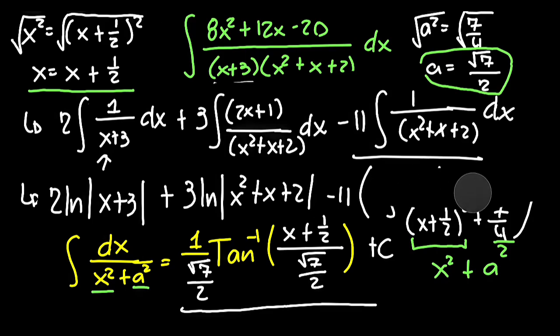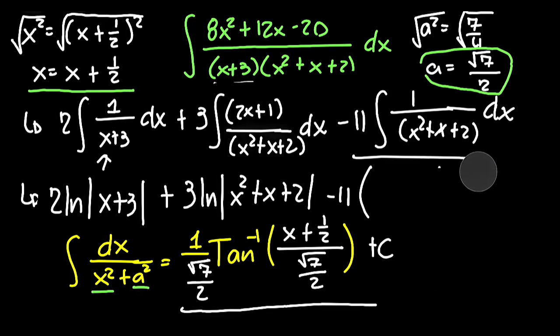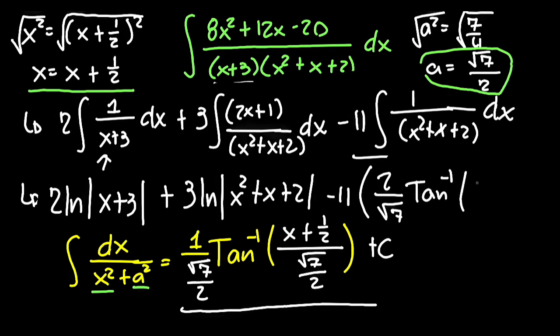So by rewriting this, this would be 1 over square root of 7 over 2, or we can put 2 on the top, which makes this 2 over square root of 7, multiplied by inverse tangent of x plus 1/2 over square root of 7 over 2, plus c.